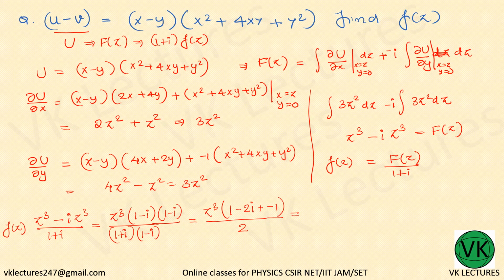So 1 and minus 1 go, so z³ into minus 2i divided by 2, so that's equal to minus i z³, that is f(z).